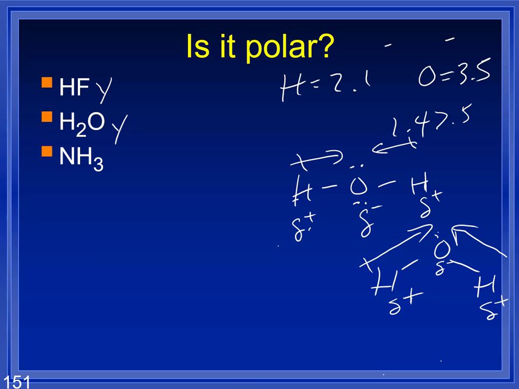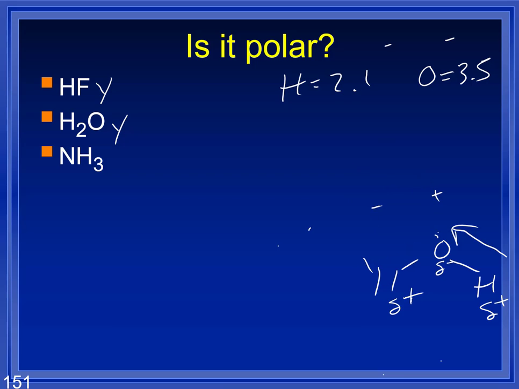What about NH3? Ammonia. Well, nitrogen's electronegativity, I looked up, and it was 3.0. So does it have polar bonds?